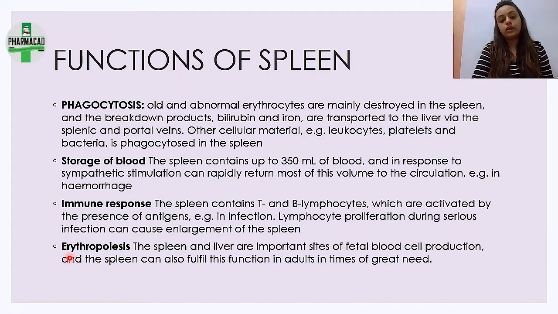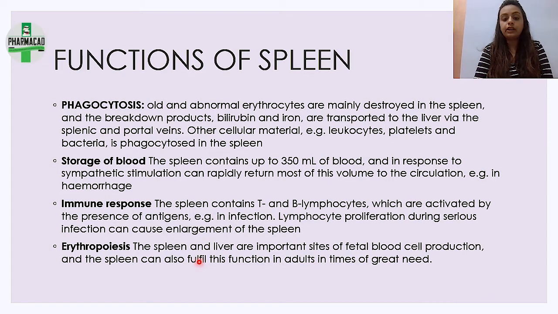And the fourth one is erythropoiesis. वो मारता भी है और उसको promote भी करता है growth का. The spleen and liver are important sites of fetal blood cell production. यानी कि after adulthood, spleen is not a really erythropoietic place. But during the fetal life, we've seen this in the blood chapter, that it is an important place where the fetal blood cells are produced.